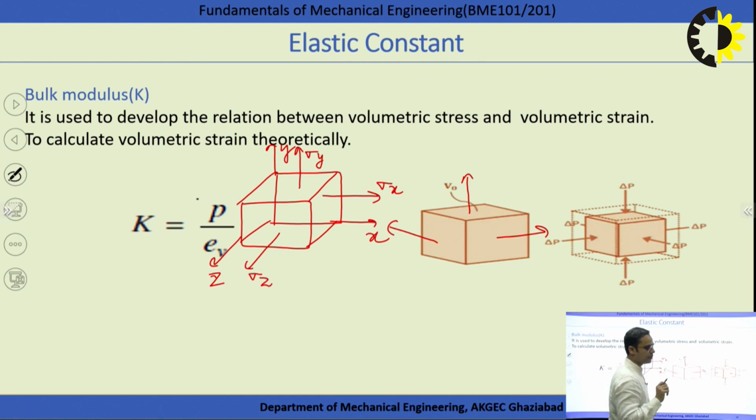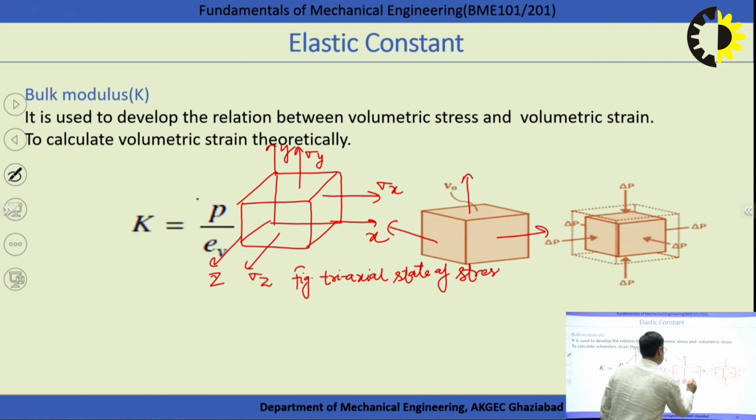Now this figure is representing a triaxial state of stress, because in all the directions the value of stress is different. Triaxial state of stress, because stress is different in all the directions.